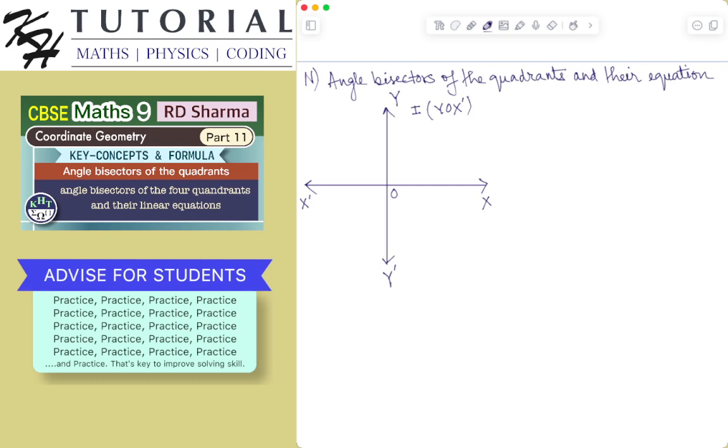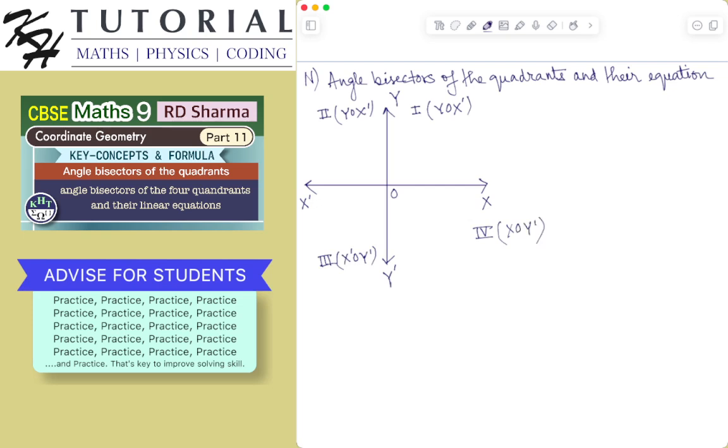And this is the second quadrant, which is denoted by Y O X dash. This is the third quadrant, which is denoted by X dash O Y dash, and this is the fourth quadrant, which is denoted by X O Y dash.